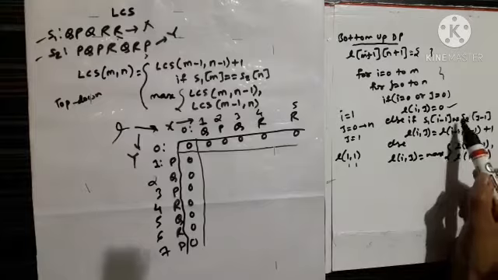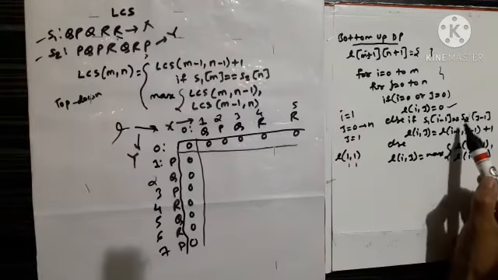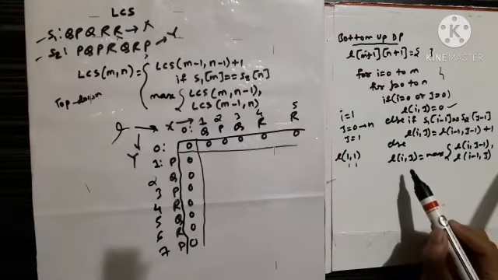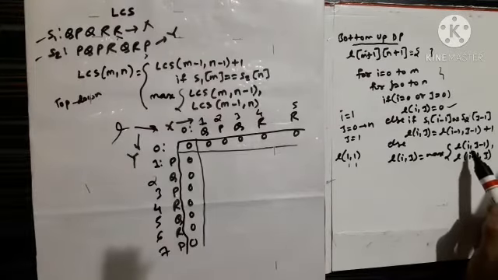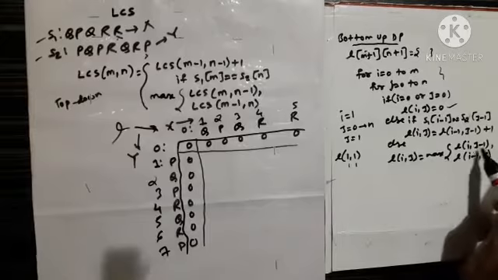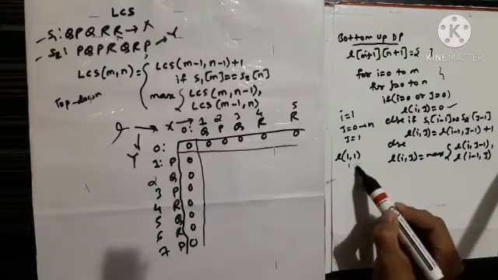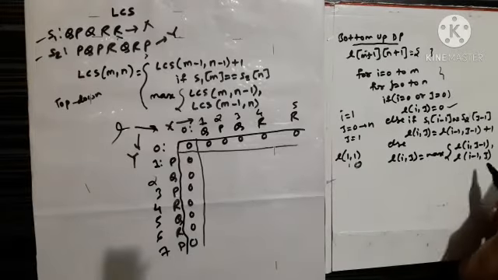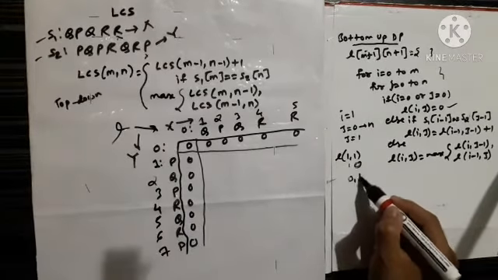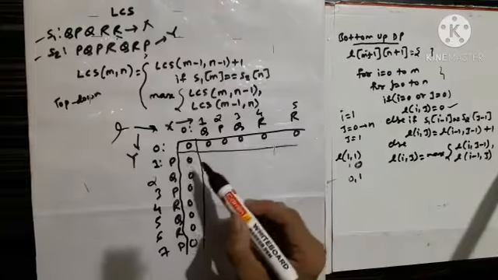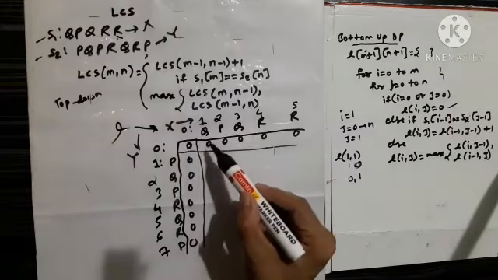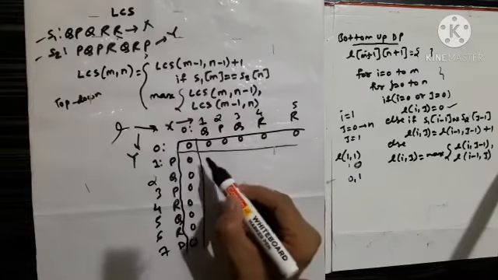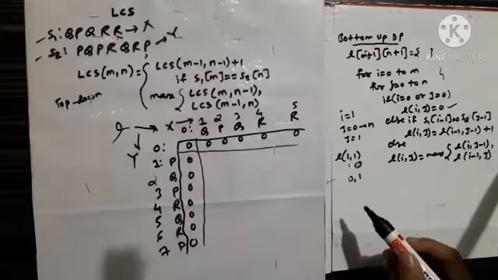So it will take i as 1 and j minus 1 as 0, that is 1, 0, and also i as 0 and j as 1, that is 0, 1. There is 0 in both, so it will take the maximum.